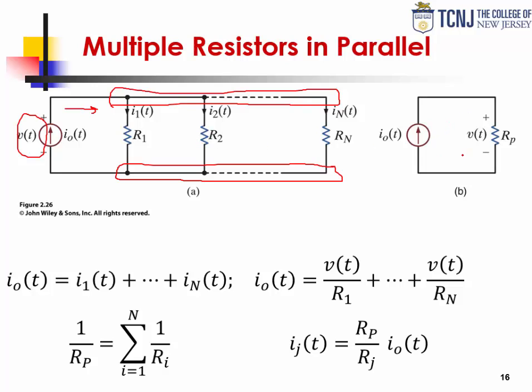And what I want to know is, if I have a certain current into that network, looking at it from this side, what is the total resistance that is equivalent to all that parallel combination of resistors.